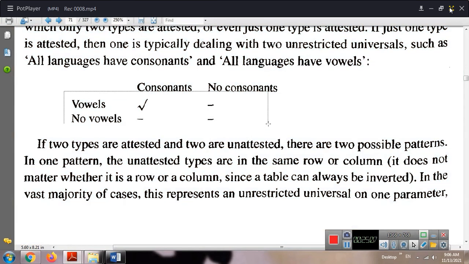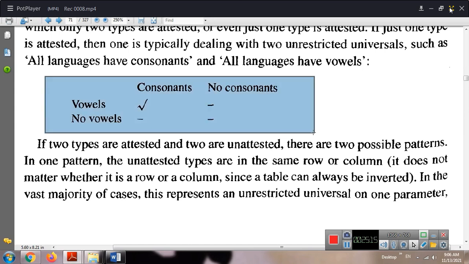Dear student, if in a tetrachoric table there exists just one minus symbol, it means that three of the parameters are plus and one of them is minus. That is an implicational universal. But when just one of them is attested and is plus and another one is minus, this shows the unrestricted universal.